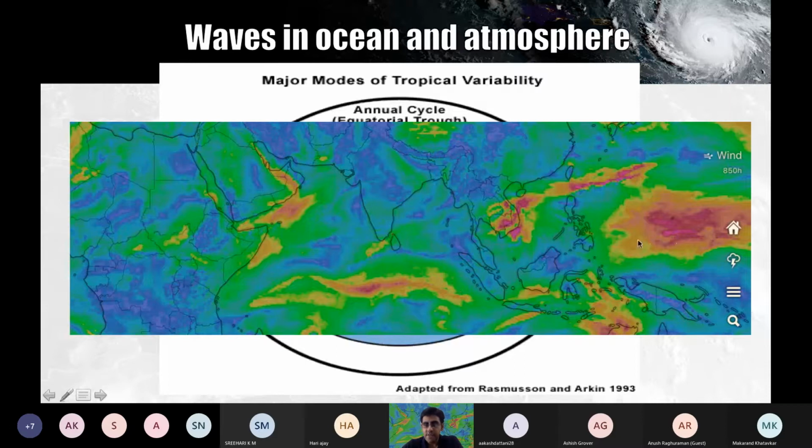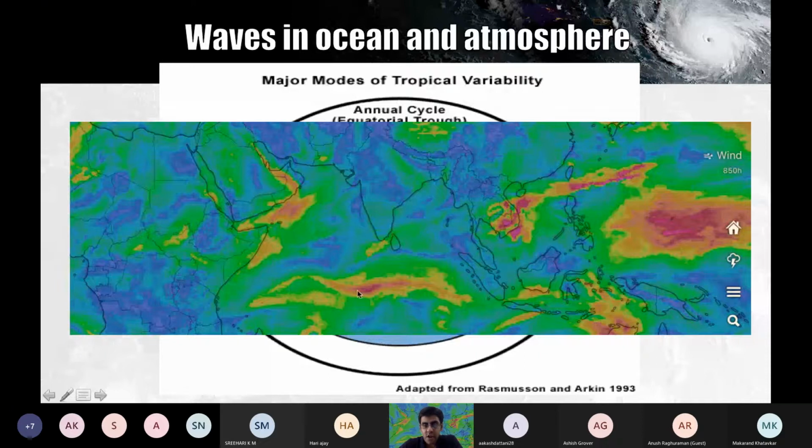Okay, so there is a wave pattern here, there is a wave pattern here, and mostly they will be seen near the tropics, near the equator. So this is the equator. So 5 south and 5 north of the equator is where these wave patterns will be seen in the atmosphere. So these are atmospheric waves. Okay, this is not an ocean wave. This is atmospheric waves.